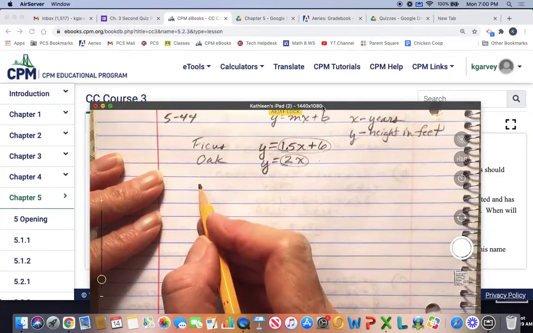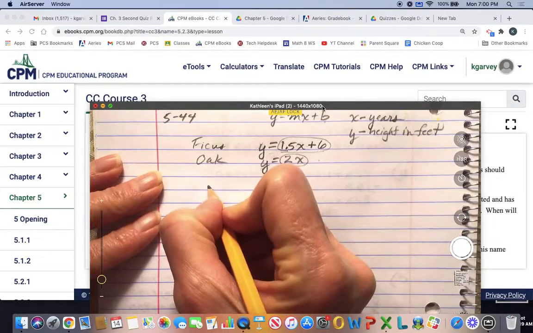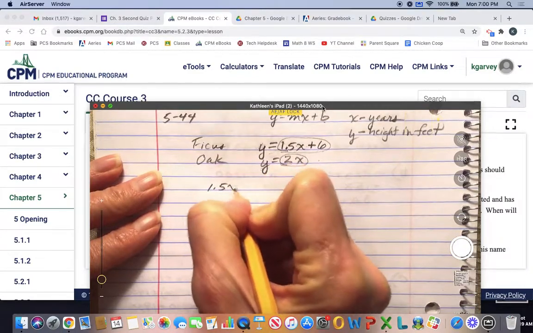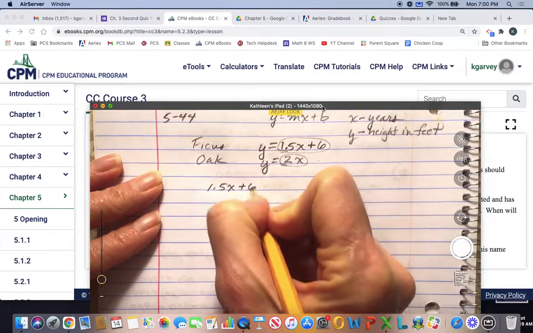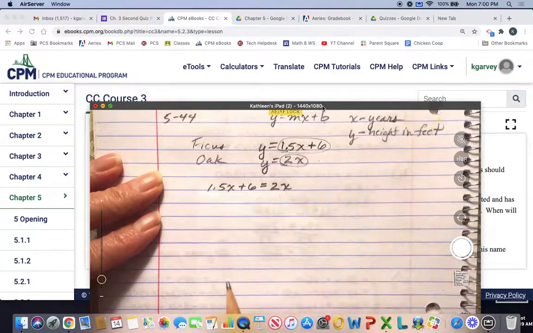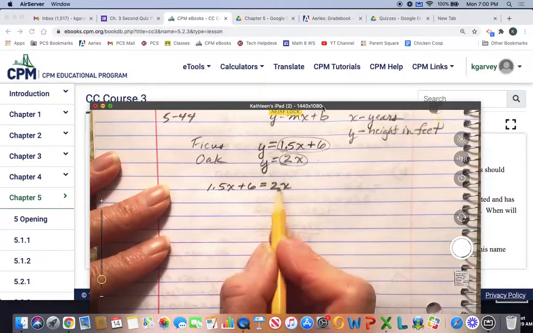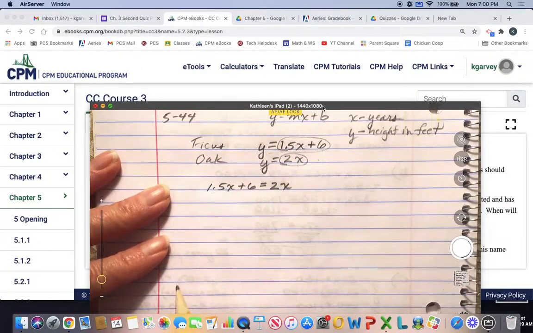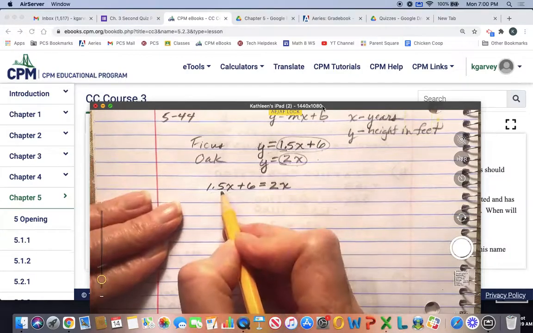So let's go ahead and rewrite the equation to 1.5x plus 6 is equal to 2x. And you can see now that we only have one variable, an x.